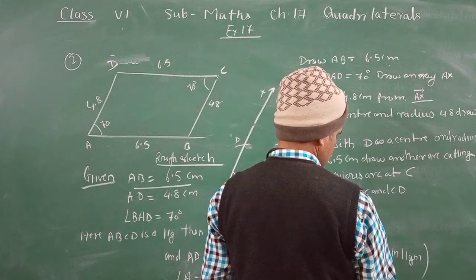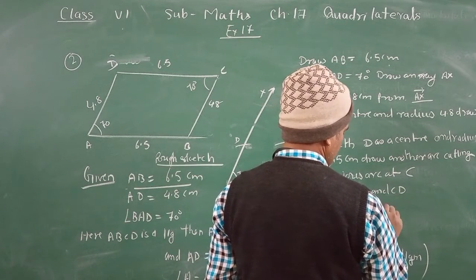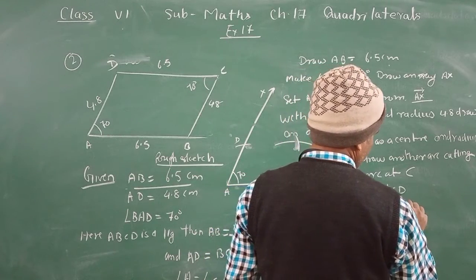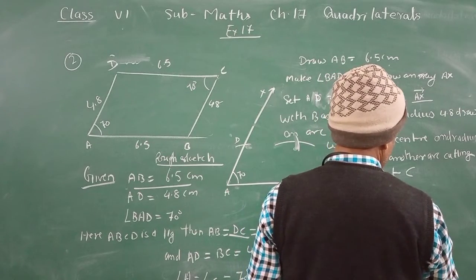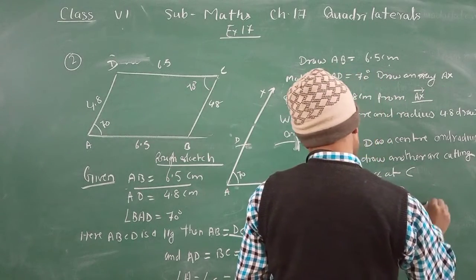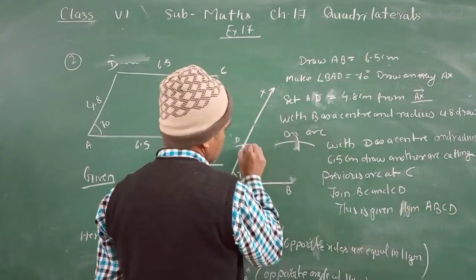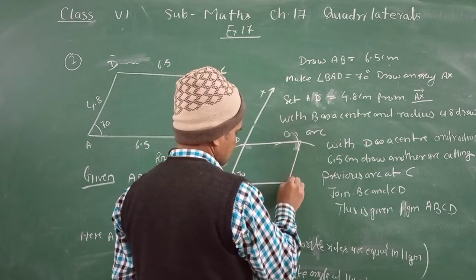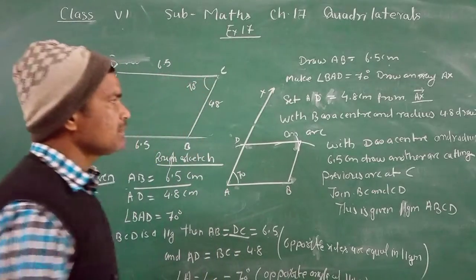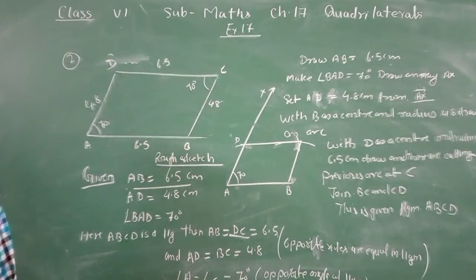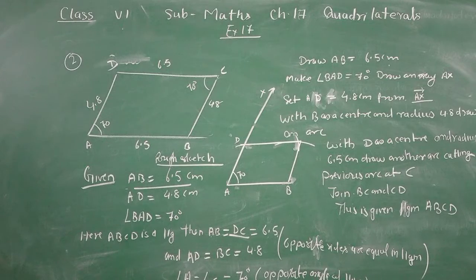This is the given parallelogram A, B, C, D. Join this. It will be the given parallelogram ABCD. You note it?